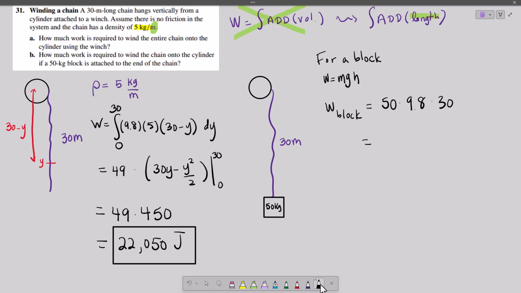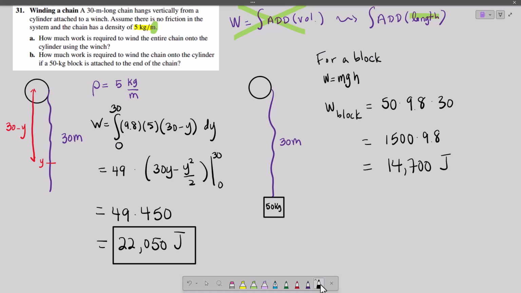So there we go. So this is going to be 1,500 multiplied by 9.8. And that will be, again, in units of joules. So 1,500 by 9.8 is going to give us 14,700 joules.